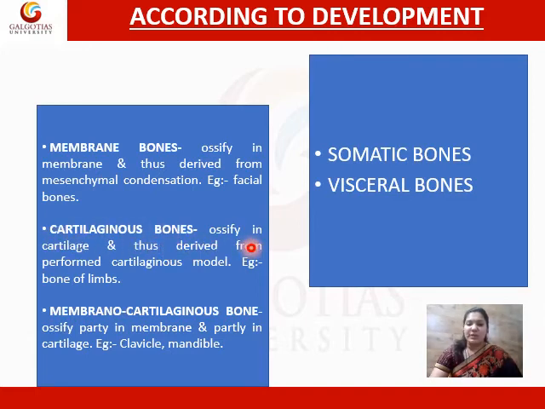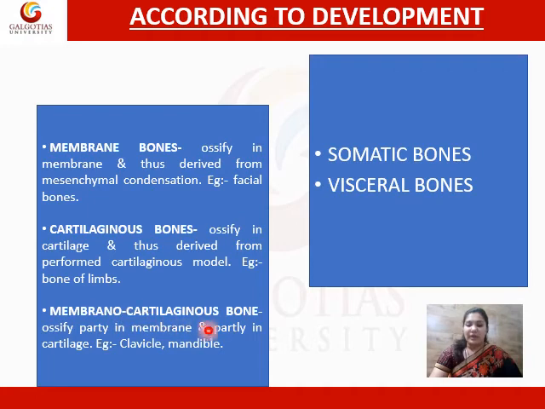The cartilaginous bone ossifies in cartilage and thus is derived from a preformed cartilaginous model. An example is the bones of the limbs, that is the upper limb and both lower limbs. These bones ossify as cartilage and after some progressive developmental phases turn into bone.